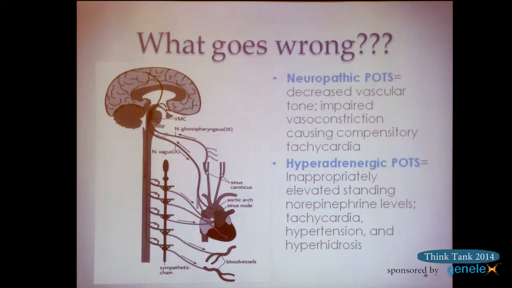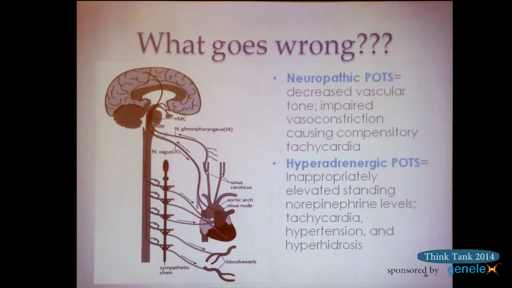Neuropathic POTS, and this speaks to what Dr. Teasley was talking about, is a peripheral neuropathy that causes decreased vascular tone. There's impaired vasoconstriction that causes compensatory tachycardia.